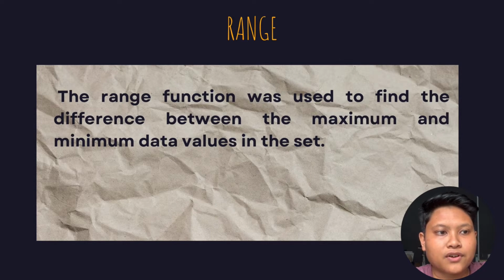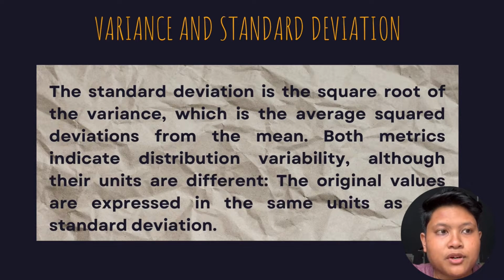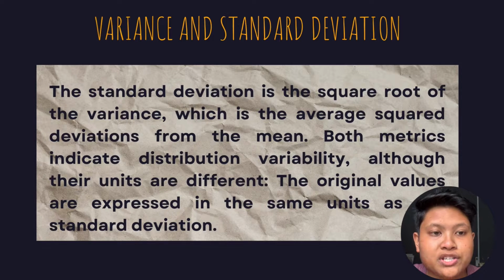Therefore, the range of labor force by age group in Negeri Sembilan between 1996 and 2000 is 61.9. I will explain variance and standard deviation. The standard deviation is the square root of the variance, which is the average squared deviation from the mean.